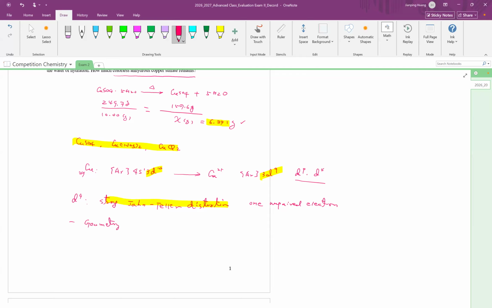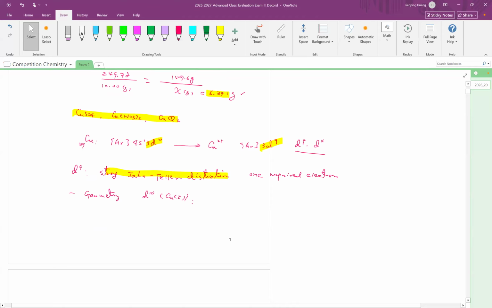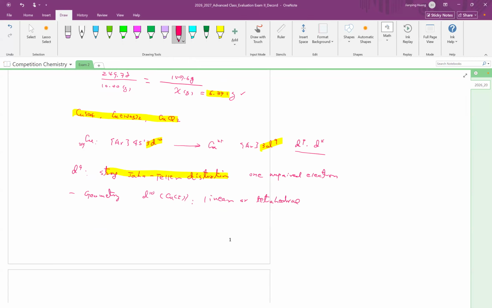Right? And look at d10, copper 1. What's the shape? Normal, what would the shape be? Anyone know? That shape could be linear, could be tetrahedral. How about the d9?